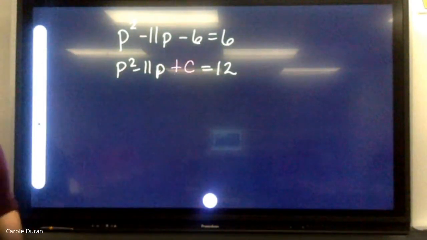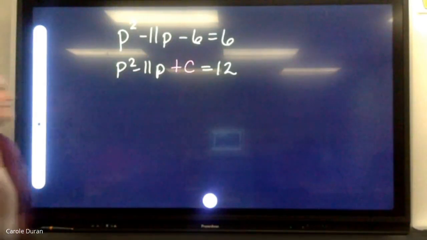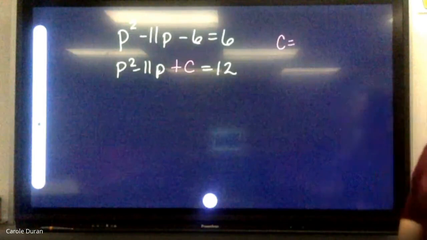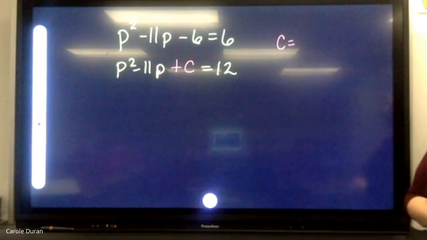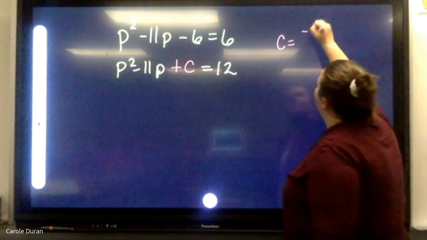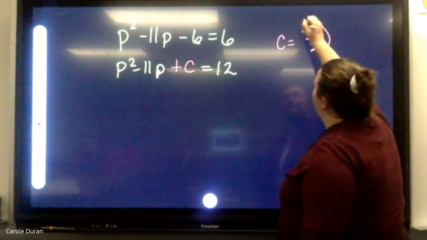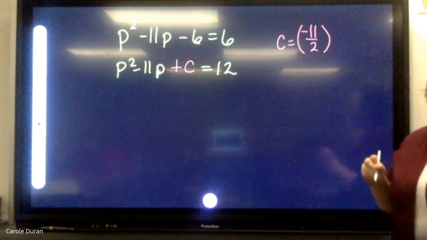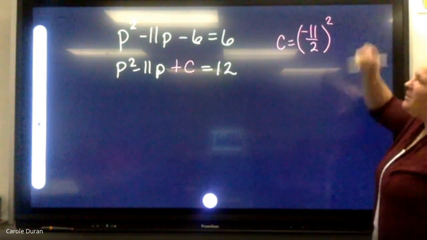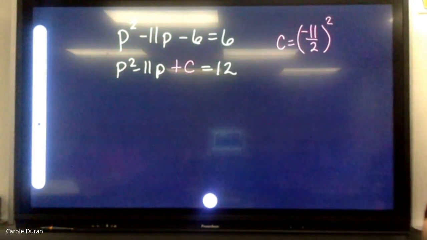So how do I find that C term? By dividing by 2, and then do what? Square it. So what's 11 divided by 2? Nothing pretty.